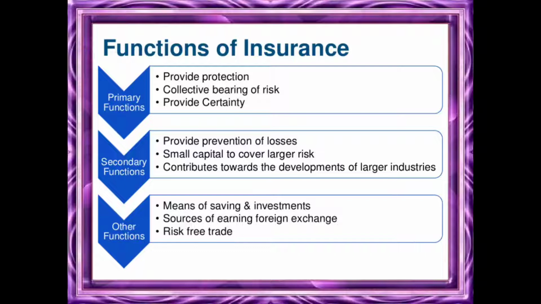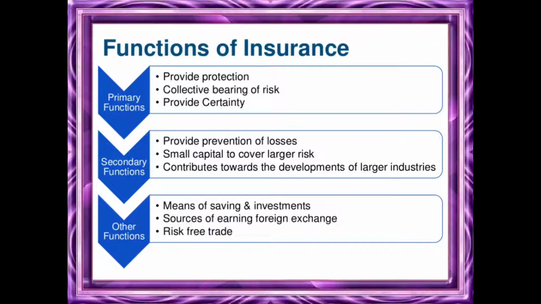I have made three broad categories just to make a division of the functions of insurance. The primary functions, we can have three, very basic: provide protection, collective bearing of risk, provide certainty. The secondary functions of insurance are provide prevention of losses, small capital to cover larger risk, contributes towards the development of larger industries.